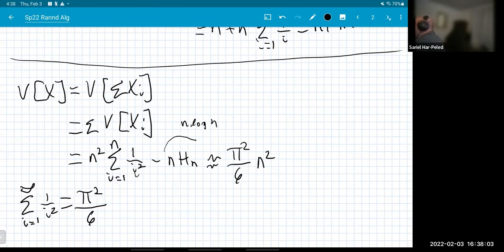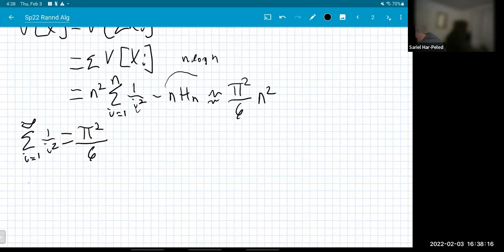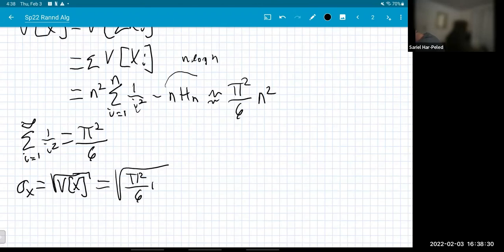Okay. Which is kind of nice. Why is it nice? Well, that implies that the standard deviation of x, the square root of the variance, is going to be the square root of pi squared over 6 times n squared.